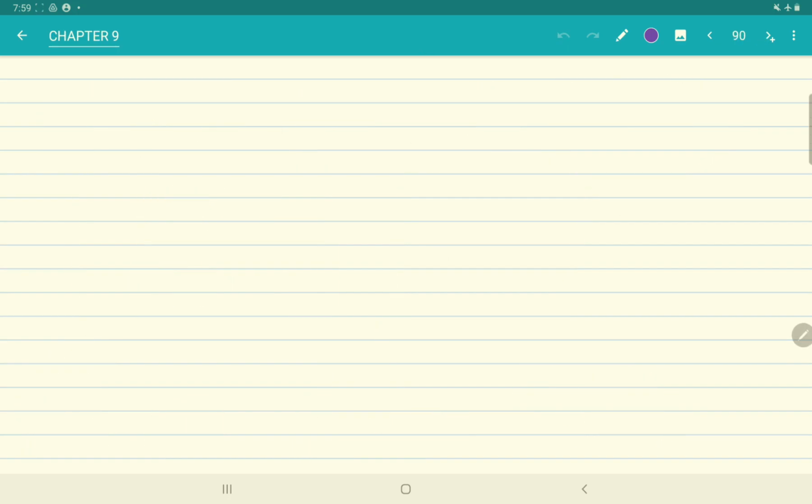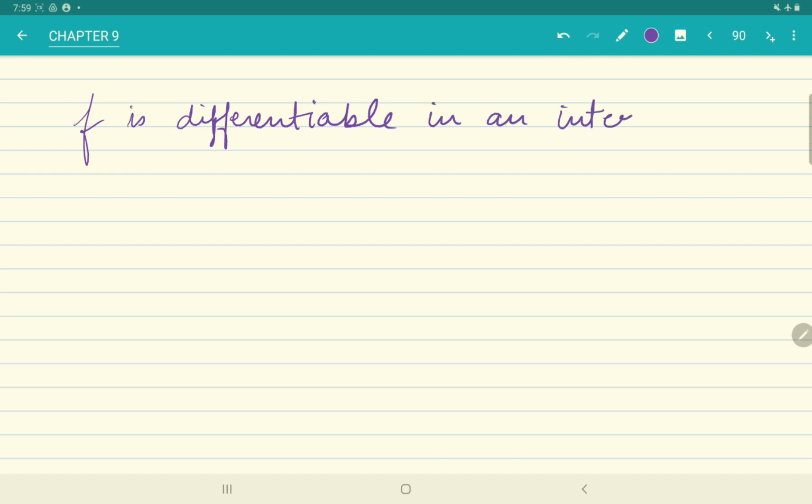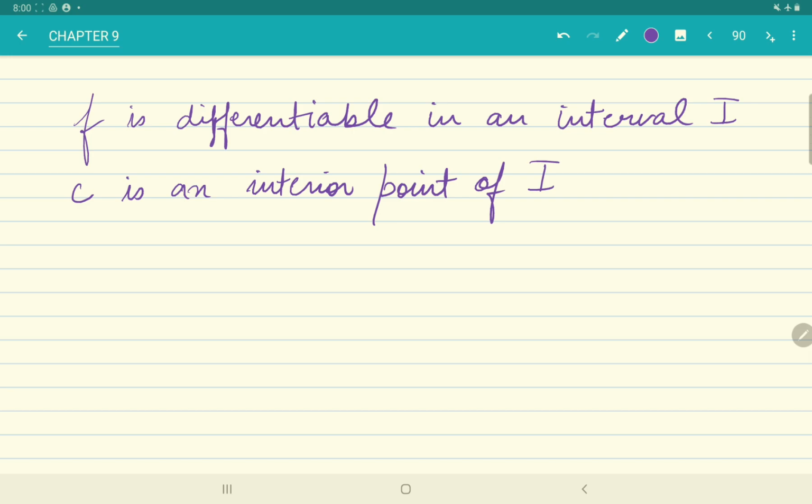Now let's suppose we have a function f which is differentiable in the interval I. F is differentiable in an interval I. And here we suppose that C is an interior point of I, and we know that it is a local maximum point.